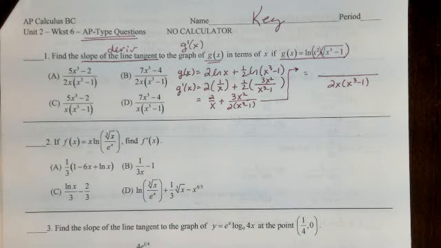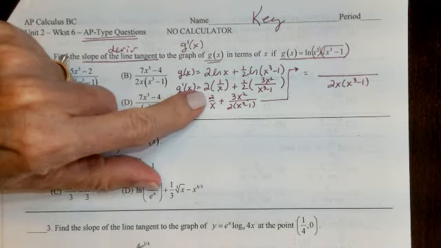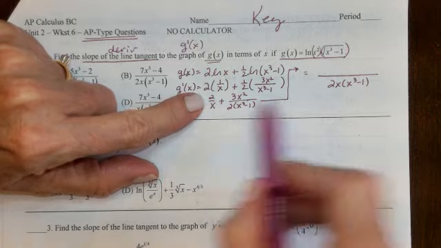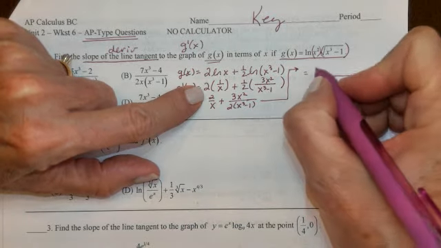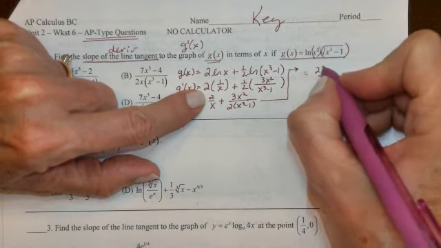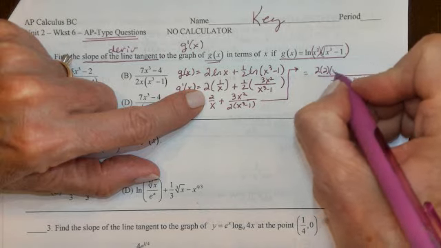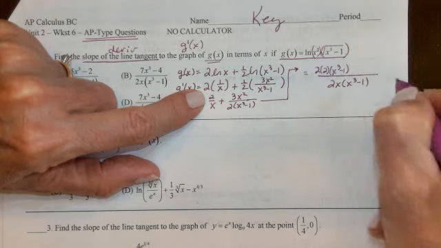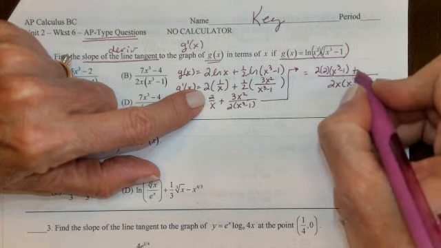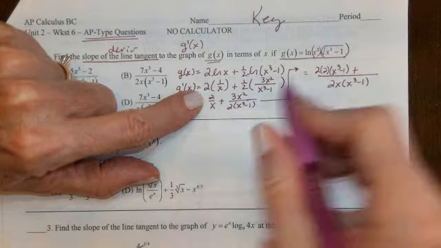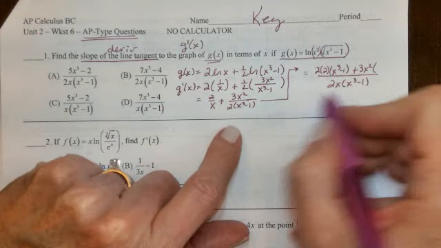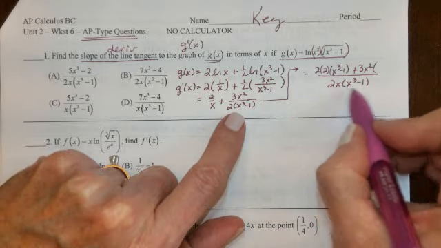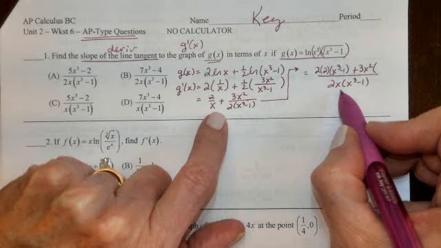So for the first fraction, this 2 over x, I would need to multiply top and bottom by the 2 times x cubed minus 1. So this will be the 2 that was already there, and I'm multiplying by another 2 times x cubed minus 1. Plus came from this plus. And now I have the 3x squared that was already there, and I'm multiplying by what I need to make the denominator, so I need this x.